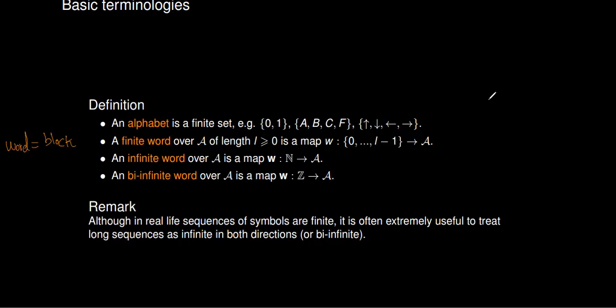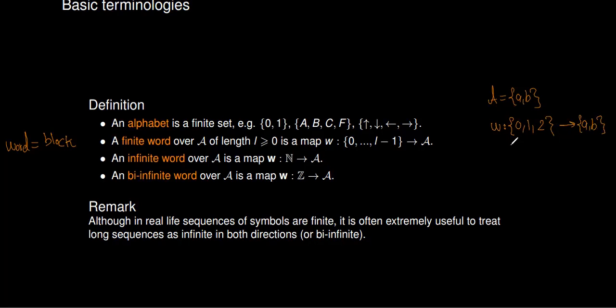Let's suppose, for example, our alphabet is A and B. One block or word is like a function. For example, one word with length of L has domain 0 to L minus 1. So length of 3 is 0 till 2 to alphabet A.